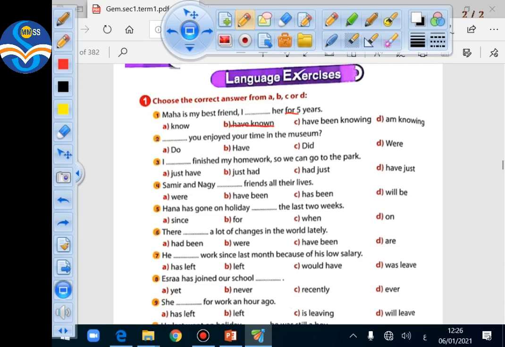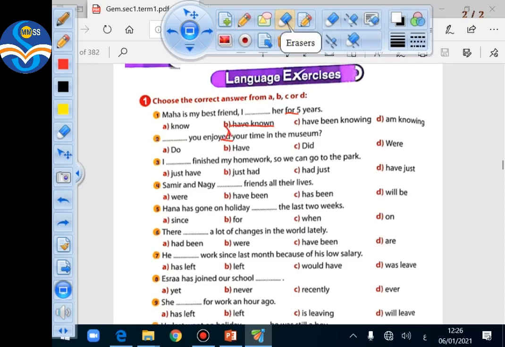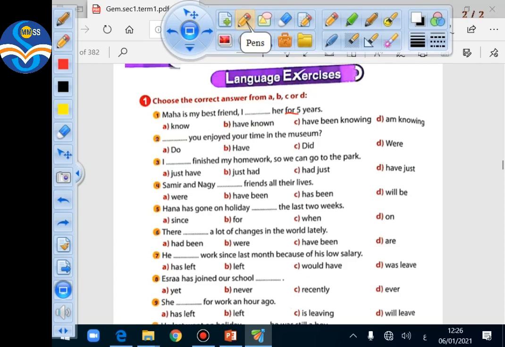Number 2, you enjoyed your time in the museum. Here I have got ED, which is a PP form, because if it was a past simple form I should put did here, this would not be here. But I've got ED, so this is not a past simple, this is a present perfect.